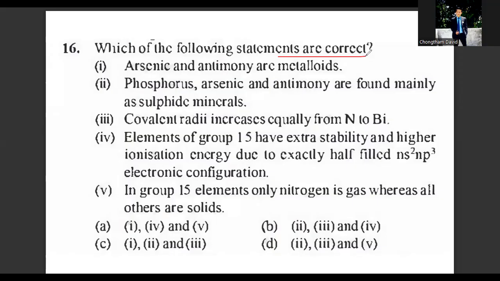Remember, phosphorus occurs in minerals. We call it the apatite family, such as calcium phosphate. It can exist as Ca9(PO4)6 with X, where X can be fluorine, chlorine, or even a hydroxy group.